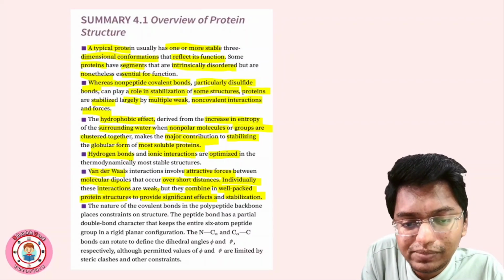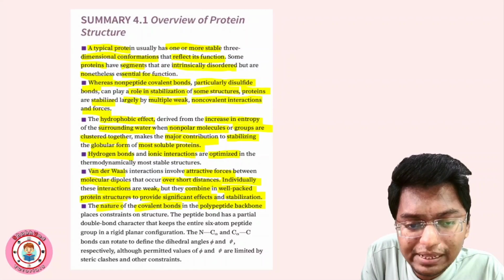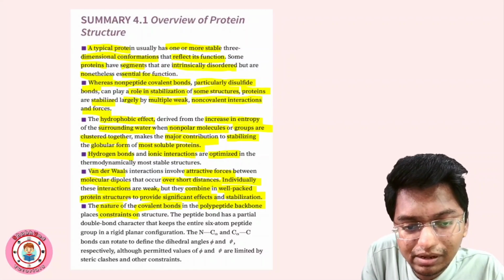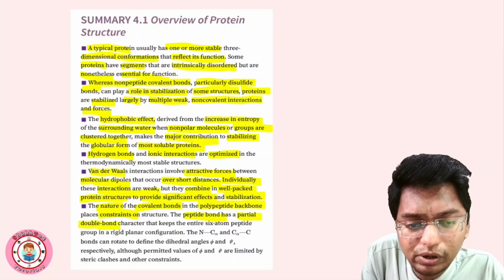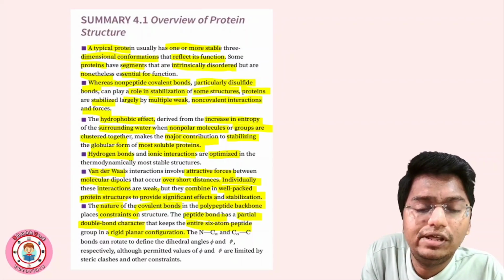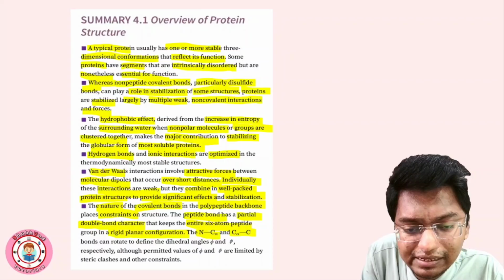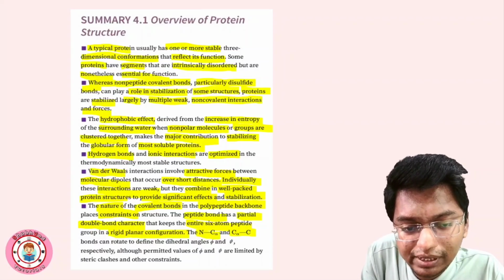Okay. The nature of the covalent bonds in the polypeptide backbone places constraints on the structure. Right? The peptide bond has a partial double bond character that keeps the entire 6-atom peptide group in a rigid planar configuration. Then the N-C alpha and C alpha-C bonds that we saw, okay, can rotate.